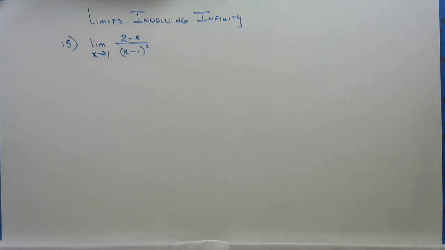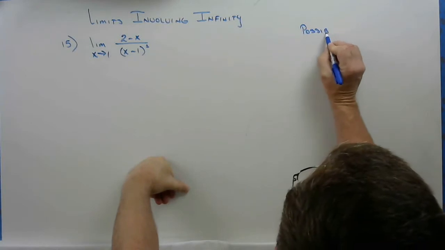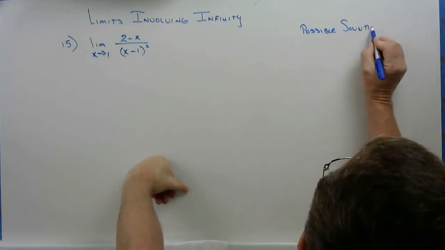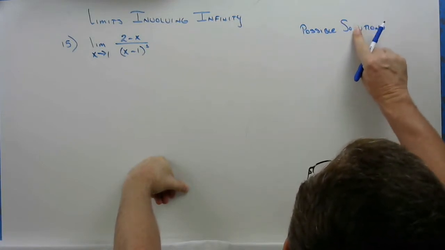Now, when we work with limits involving infinity, we have to realize that an answer, just like when we were doing limits with the limit laws, of 0 divided by 0 is not what we're looking for. What we're looking for are choices, right? Are possible solutions to problems like this.